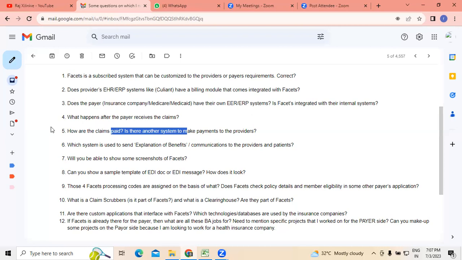The claim scrubber is the process which verifies whether all the CPT codes relating to a medical claim are accurate or not.